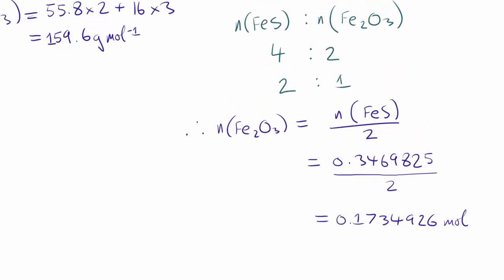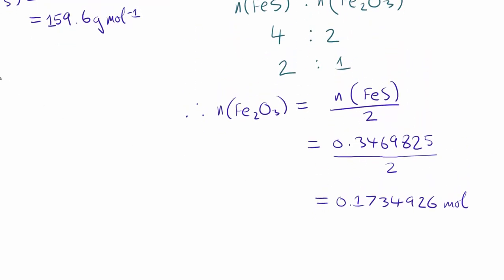And so we have both of those values, which means that at this stage what we can do is just go through the process as we saw: the mass is equal to the moles times the molar mass. So therefore, in this case, the mass of Fe₂O₃ is equal to 159.6. So this is the Mr, right?